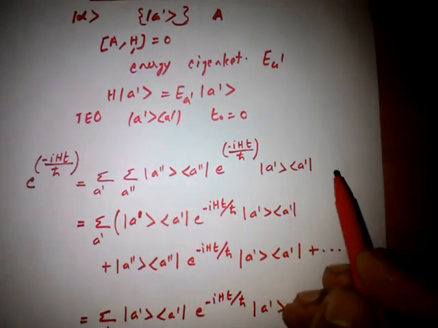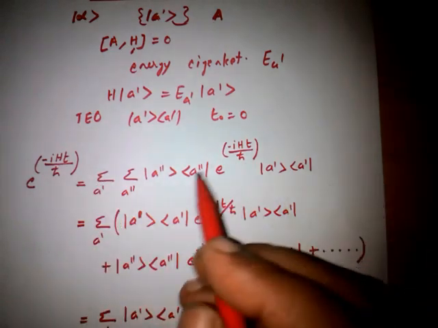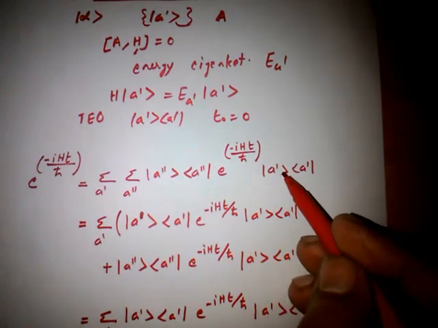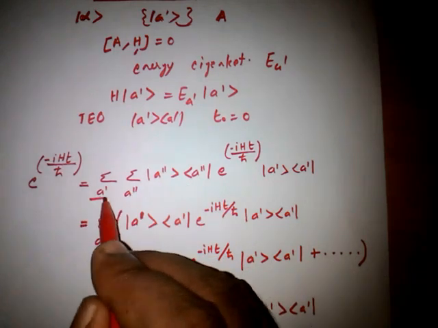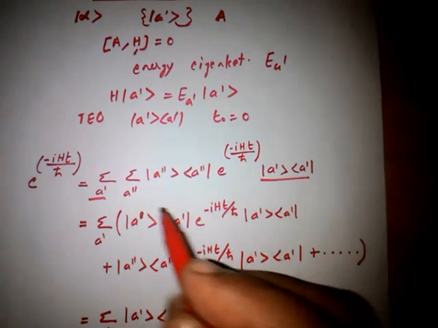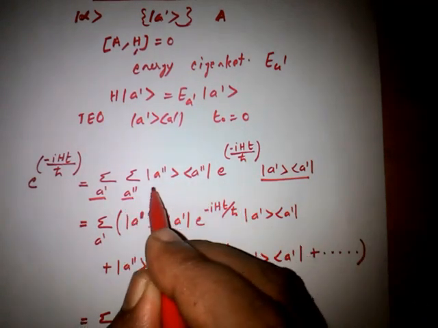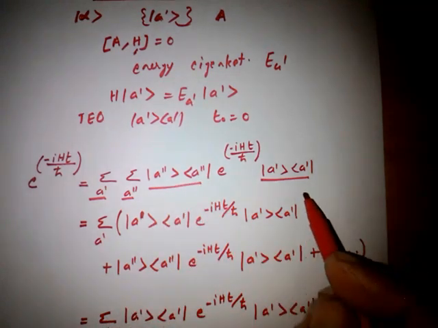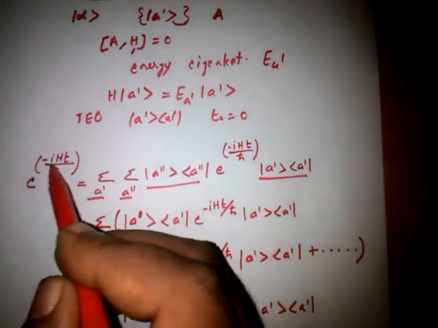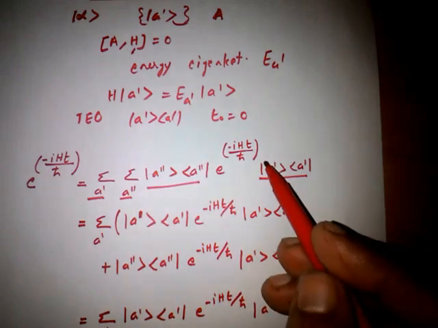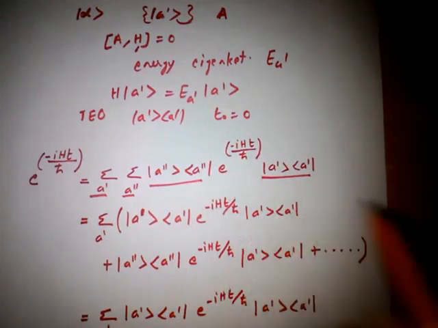I explained it earlier because the sum of a dash, outer product of a dash equals 1, and the sum of a double dash, outer product of a double dash equals 1. So we can write e raised to minus iHt over h cross in this way.